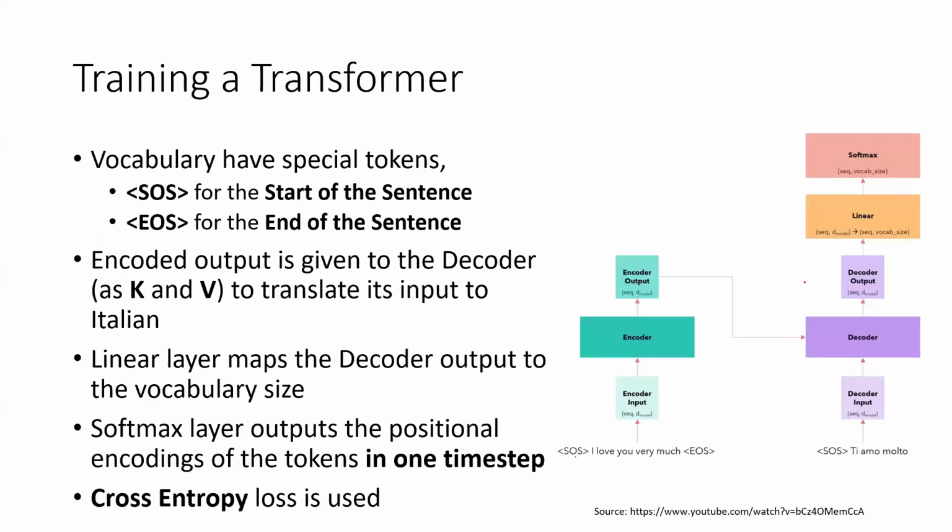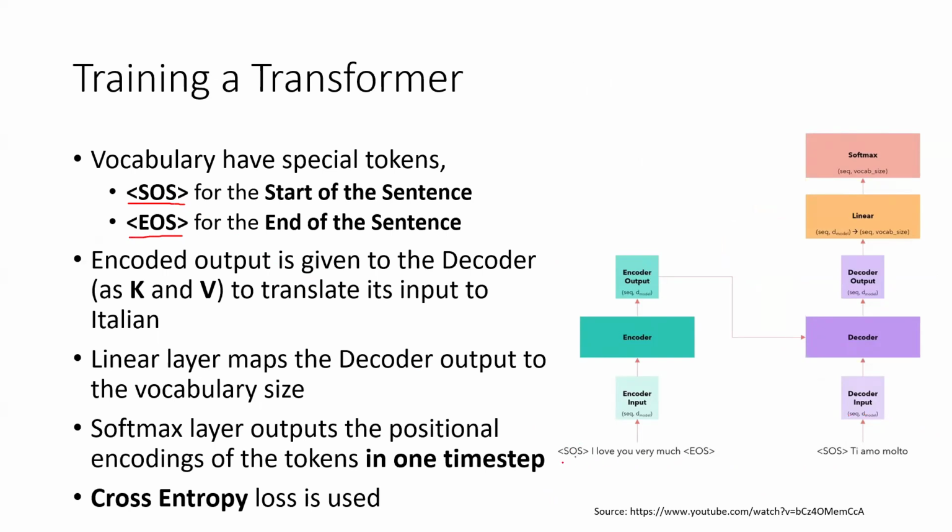So this is how it really happens, right? If you want to translate this English sentence to Italian, there are two main tokens. One is the start of sentence SOS token, and the other is the end of sentence EOS token.